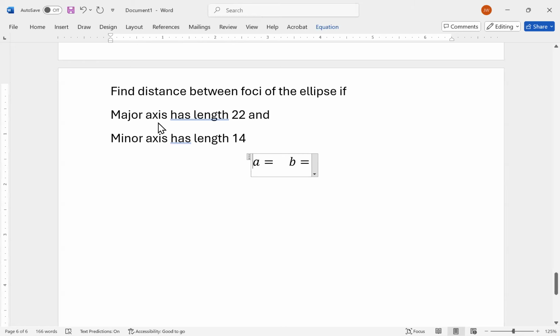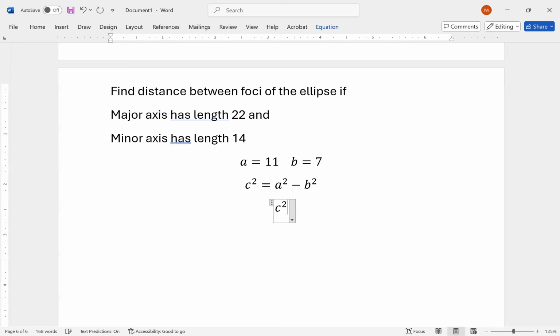So we know that the major axis has length of 22. That means the value of A is going to be 11, because remember the major axis length is 2 times A. The minor axis has length of 14, so therefore we know B has to be 7. Now we want to find the distance between the foci, and that's going to cause us to have to find C. In an ellipse, C squared is equal to A squared minus B squared.